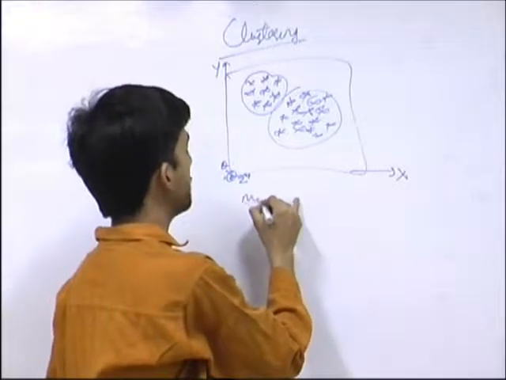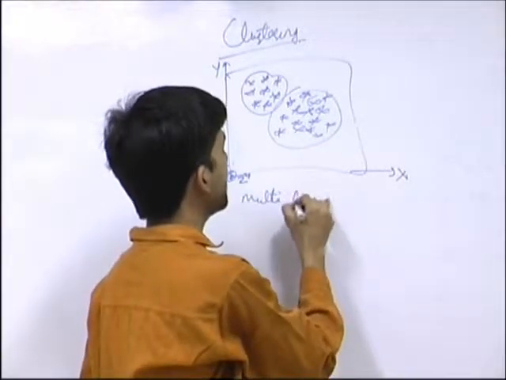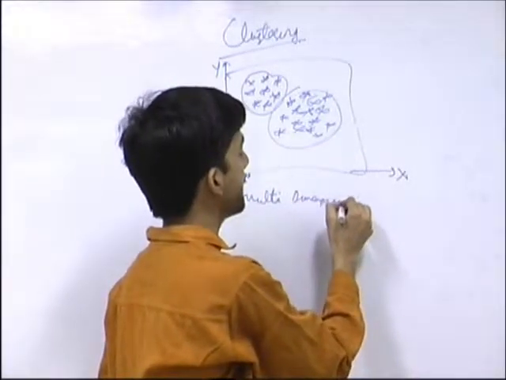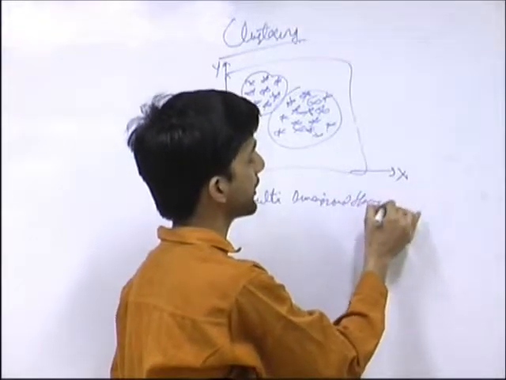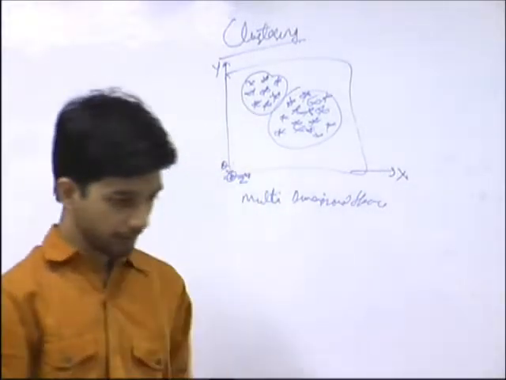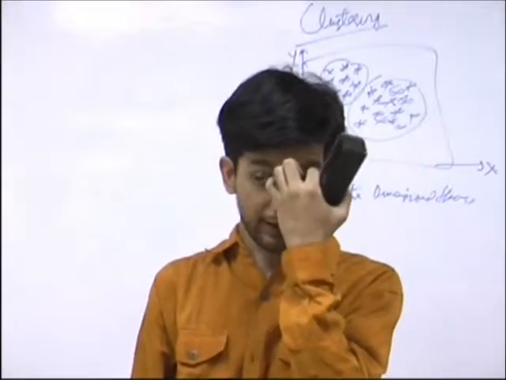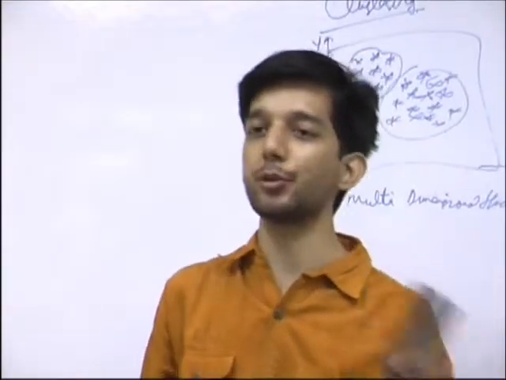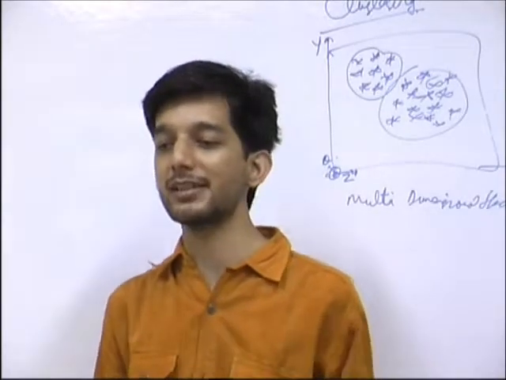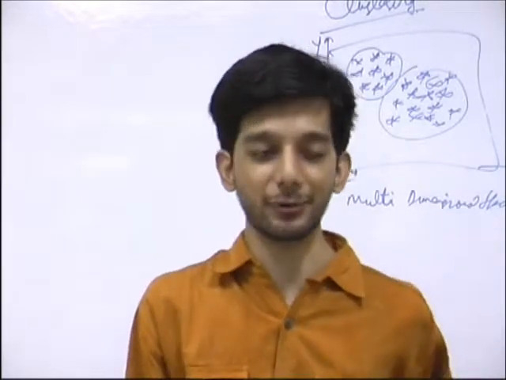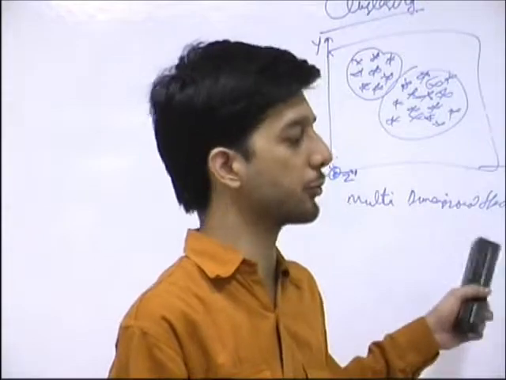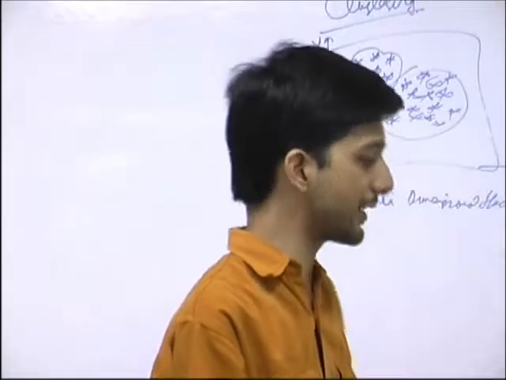So this is a multi-dimensional space over which the clusters are found. It is not possible to visualize anything more than 3D for humans. And it's very difficult to draw 3D, so it's not possible to draw anything more than a 2D at this board here.